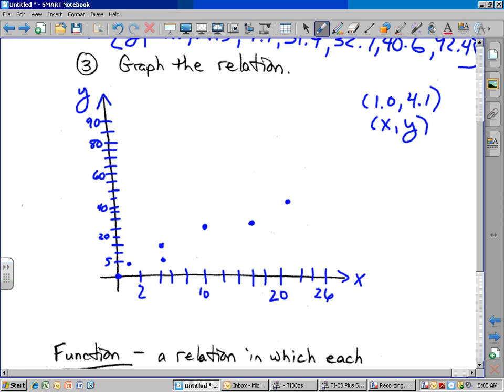And without a grid, my accuracy is probably going to be slightly off. But you get the idea of what the relation looks like.